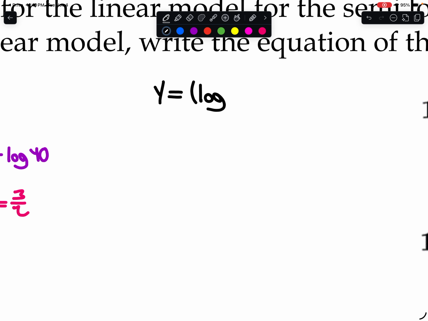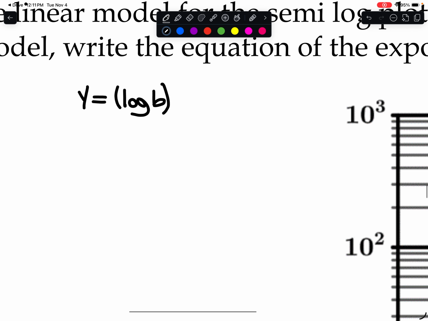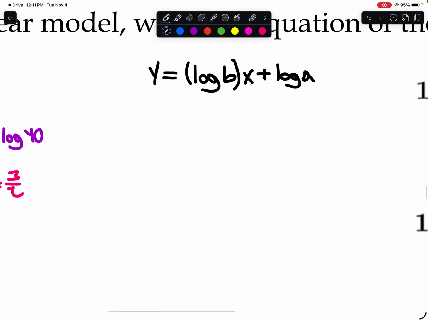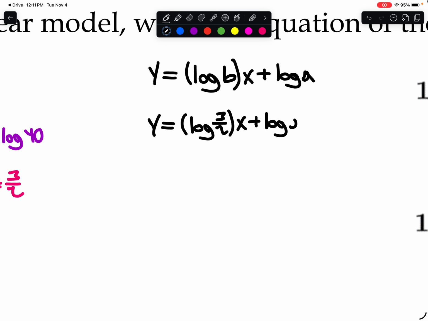So here's your model. So now I'm going to plug in for your b value, which we said was 3/2, plus log of a.